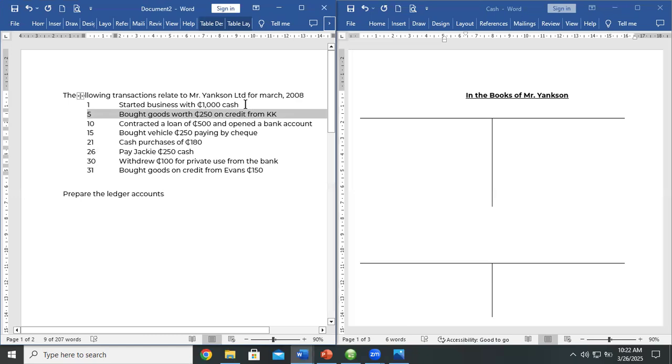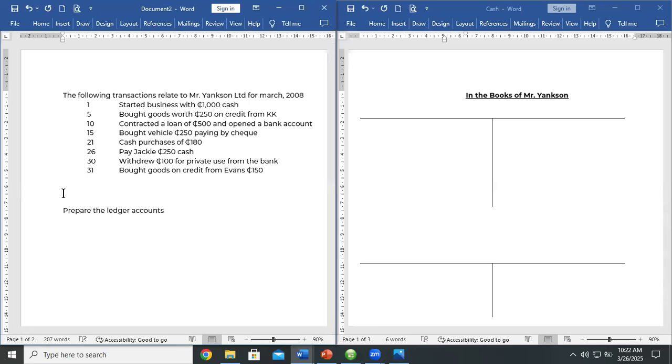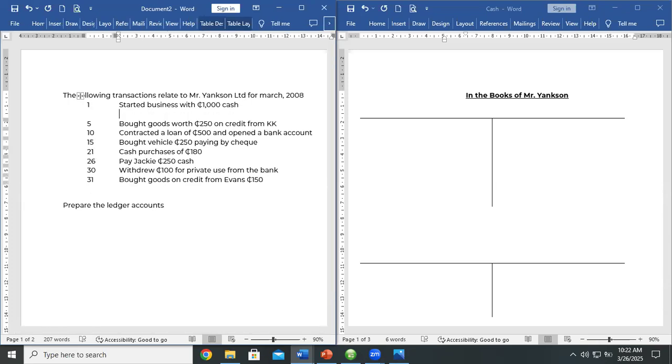So professors, anytime you see a transaction that gives you indication that the owner is starting a business, we indicated that there is going to be capital, because whatever the owner invests in the business is called capital. But again, you see that the capital the owner invested is cash. So the two accounts are capital and cash.